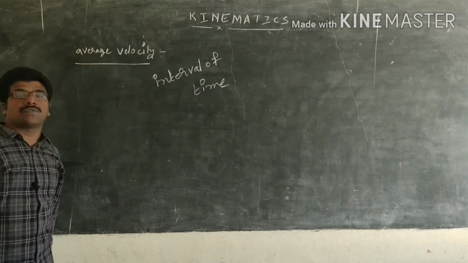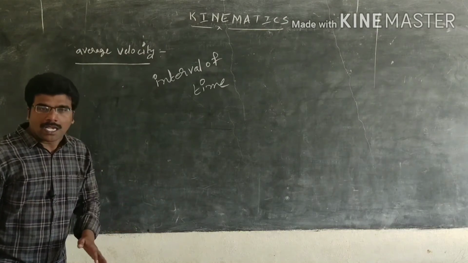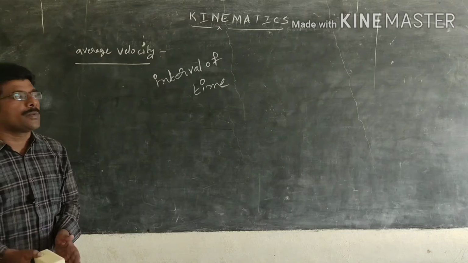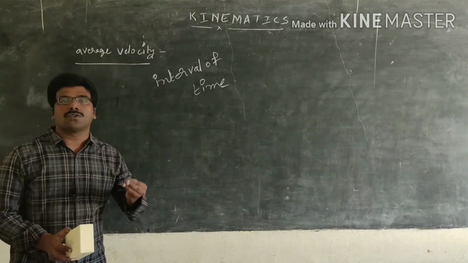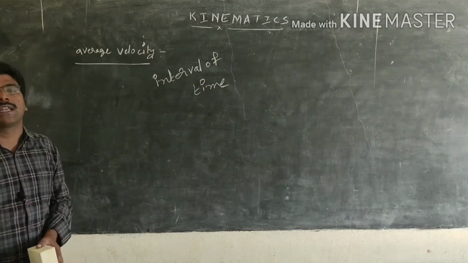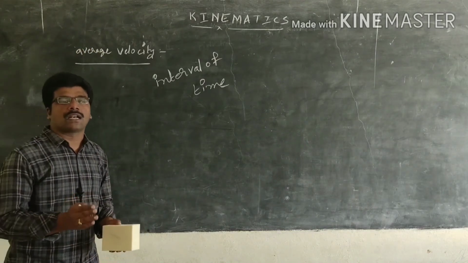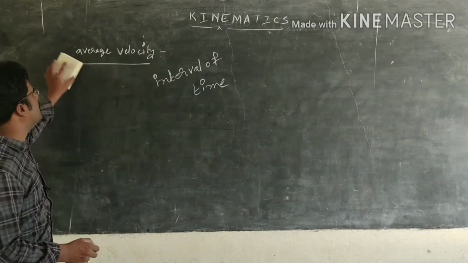In the last class, we discussed what speed and average speed are. In order to have a clear idea of the difference between average velocity and average speed, we are going to do some numericals.